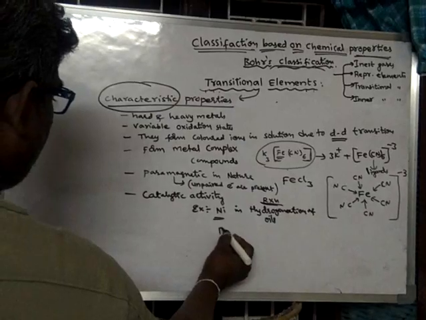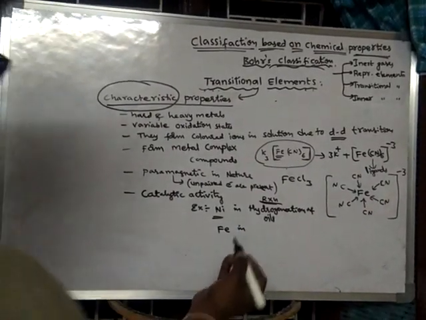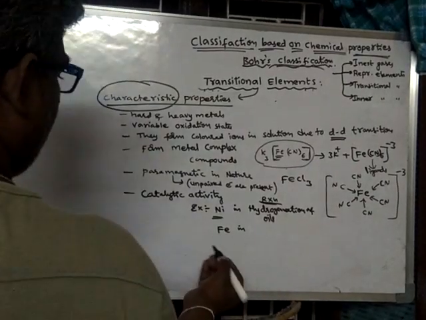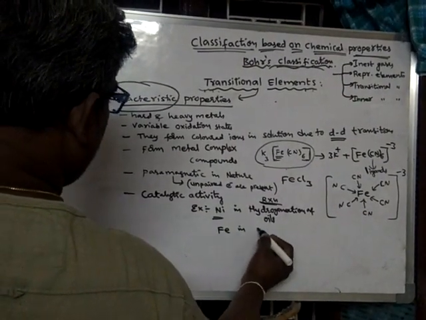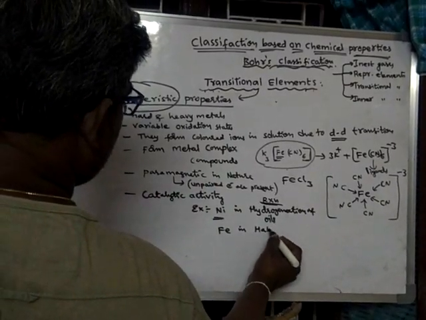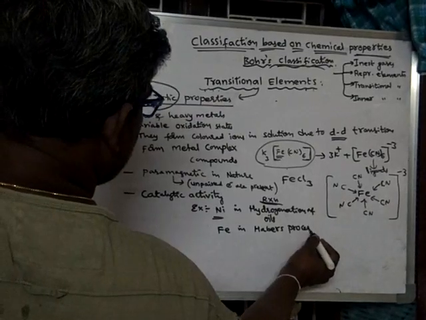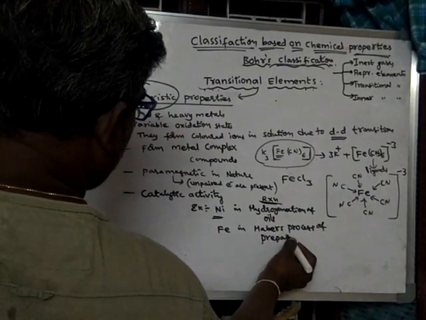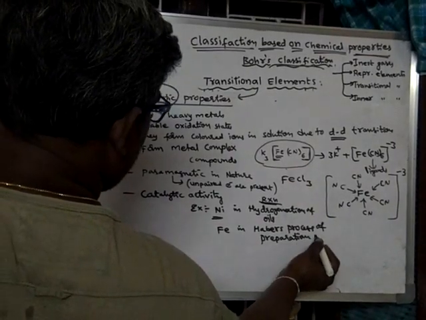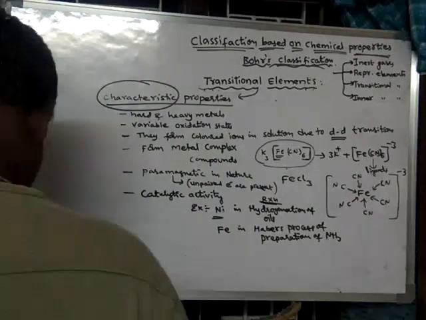For example, take iron. Iron is used in the preparation of ammonia, in the process known as Haber's process. In Haber's process of preparation of ammonia, this iron is used.